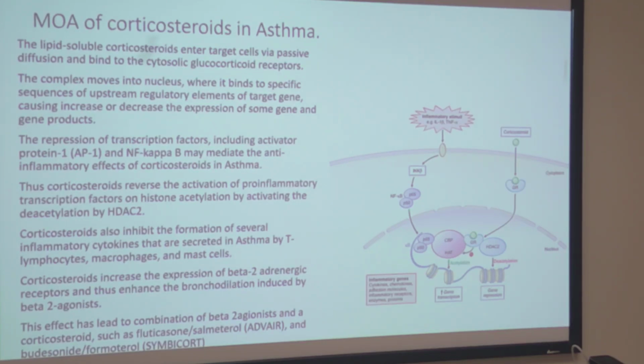Here they combine a corticosteroid and a beta-adrenergic agonist. That way, the corticosteroid increases more beta-adrenergic receptors, and the salmeterol or the formoterol along with the corticosteroid will increase the dilation. So that's why these inhaled Advair or Symbicort are more effective, because they increase the bronchodilation by increasing beta-adrenergic receptor expression.